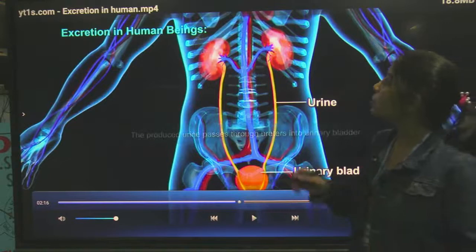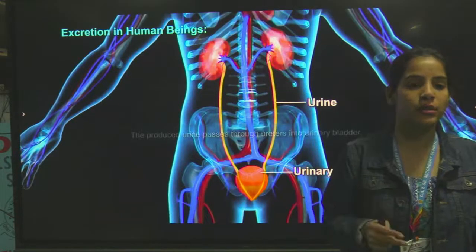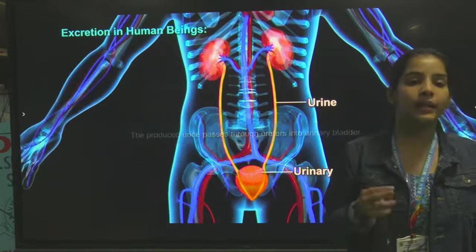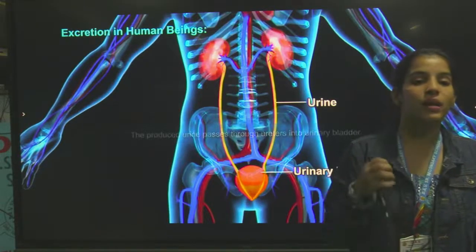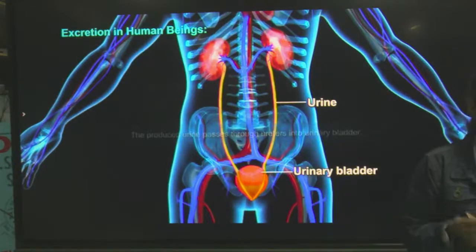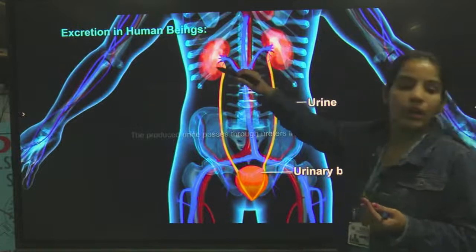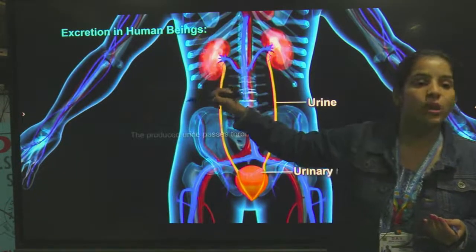Yes, class. So what happened, basically there are two types of vessels, renal artery and renal vein. So renal vein carries blood which contains the nitrogenous waste to both of the kidneys. In kidneys there is a filtration unit that is called nephrons.